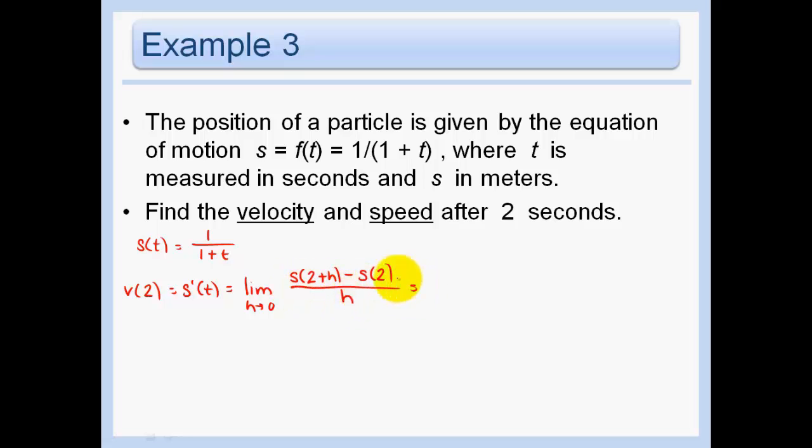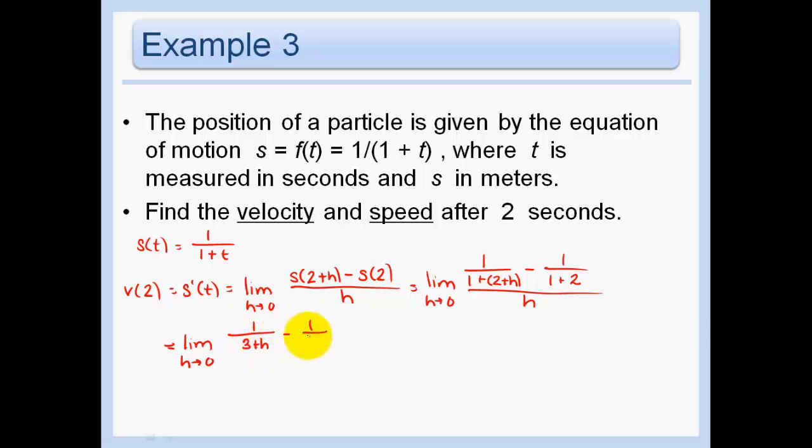Which is just the limit as h approaches 0 of 1 over 1 plus, instead of t, I'm putting in a 2 plus h, minus s of 2, 1 over 1 plus 2, all over h, which equals the limit as h approaches 0 of 1 over 3 plus h minus 1 over 3.